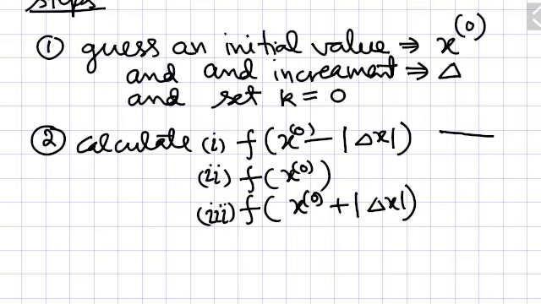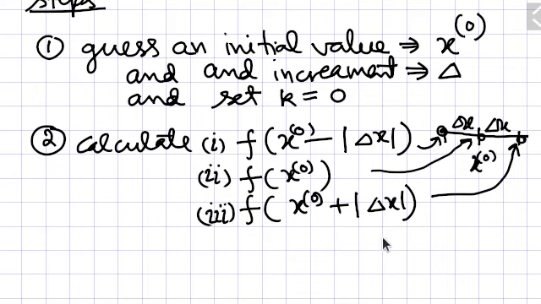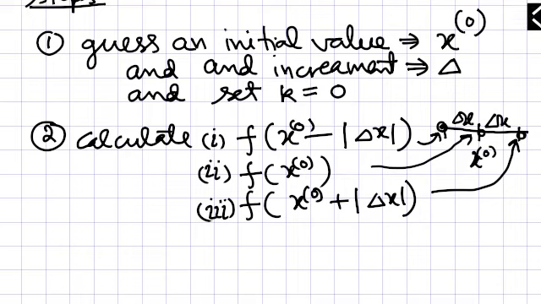For example, on the x-axis, if this is your initial guess, then you calculate at the increment delta x here, and delta x in the minus direction also. So at these 3 points you need to calculate the values of the function, and then you check these values.